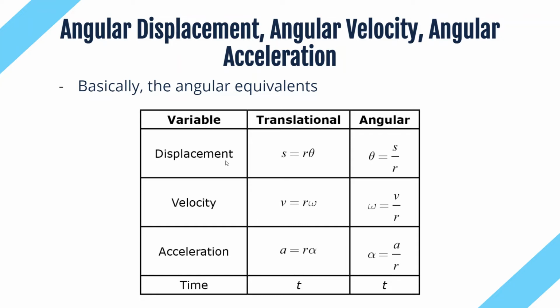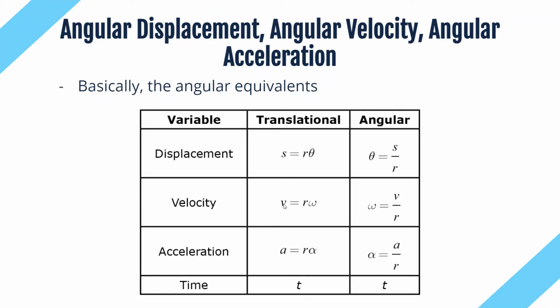So displacement is normally in the international standards denoted by s, but in the US we use delta x. Here we use theta, the Greek letter theta, to represent angular displacement. And notice that we've related s and theta here to each other through the radius r of travel.